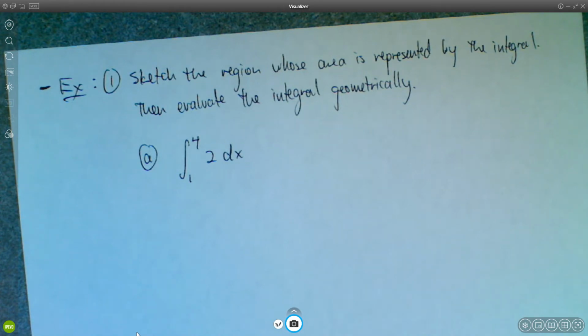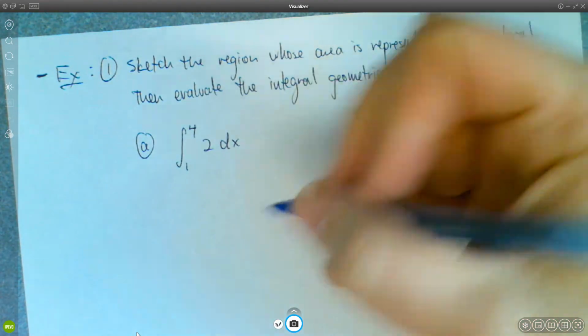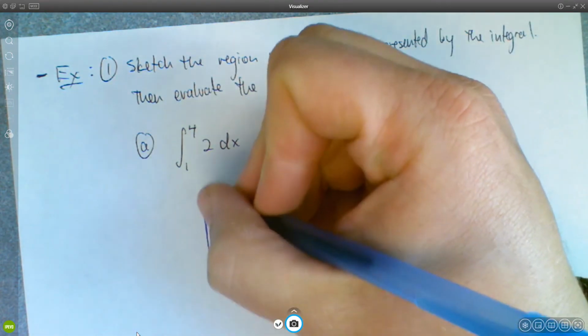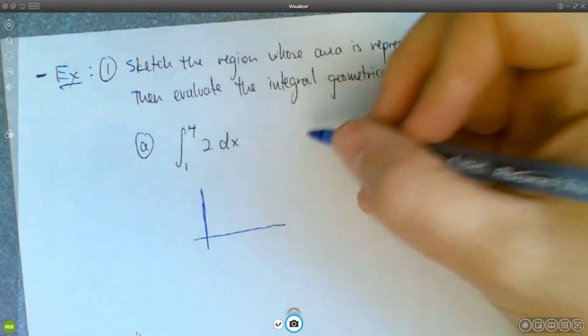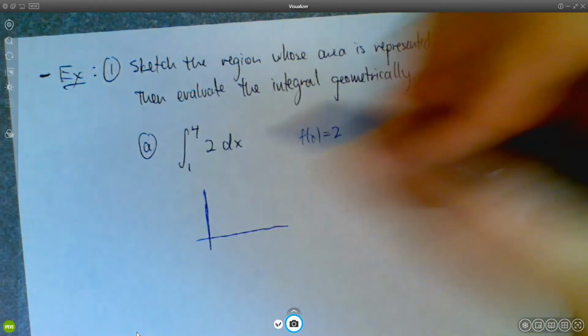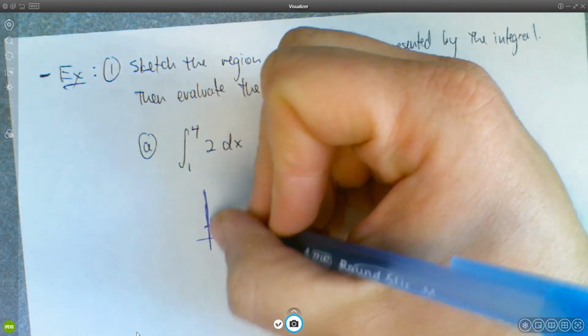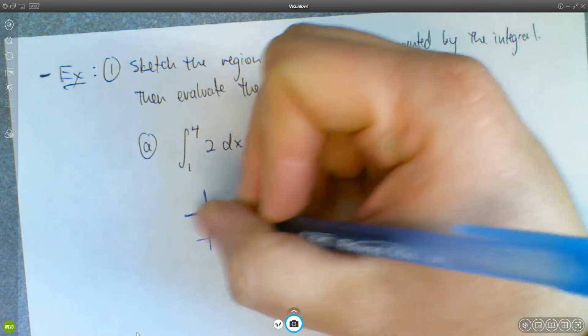First thing we want to do is sketch the region. The function here is f of x equals 2. That's just a horizontal line that goes through 2. That's this line here.